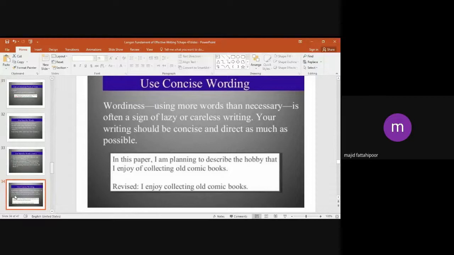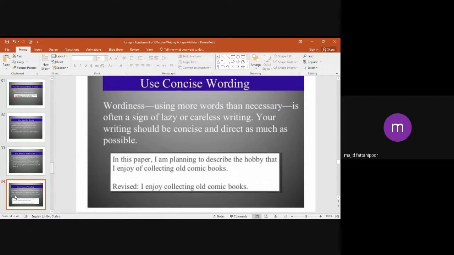And about the wordiness. When we say concise, we mean avoiding the wordy. I think someone mentioned, one of the audience mentioned bombastic, or I don't know, another word for wordy. Wordy means too many words, which is a sign of lazy and careless writing.